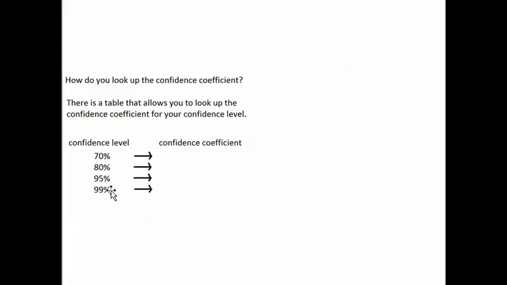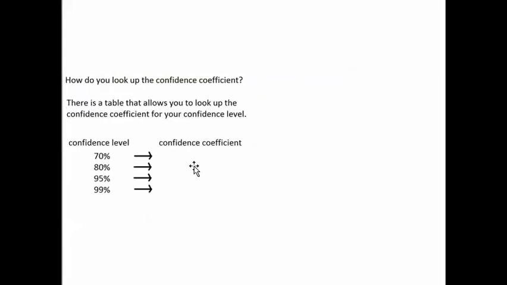When you go to the table, you go to the row for your confidence level, and then you go over here to get the confidence coefficient that you need. If I want to calculate the 70% margin of error, I would just go over here and get this confidence coefficient and plug that into the formula. If I wanted to calculate the 80% margin of error, I would go over here and get my confidence coefficient and plug that into the formula, and so on.